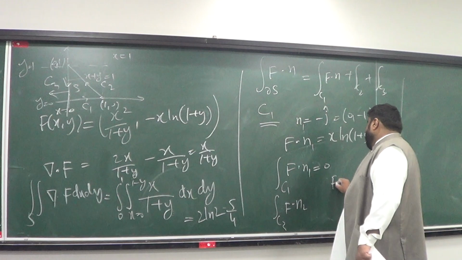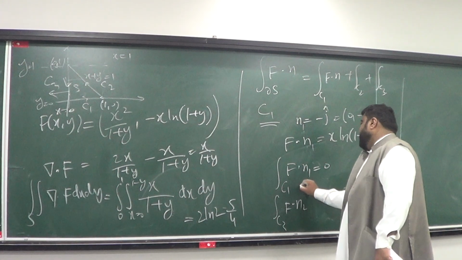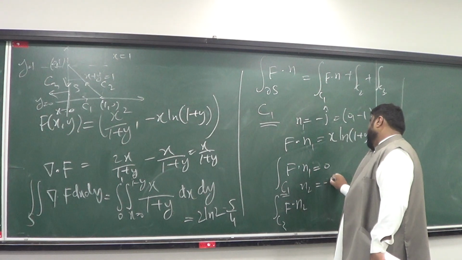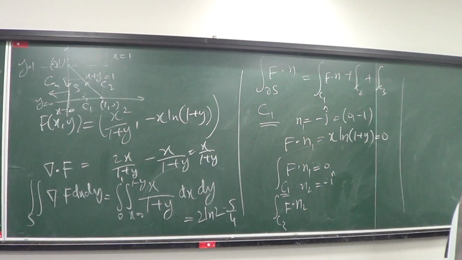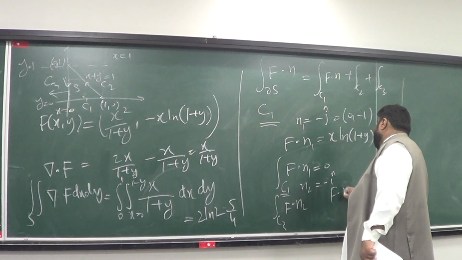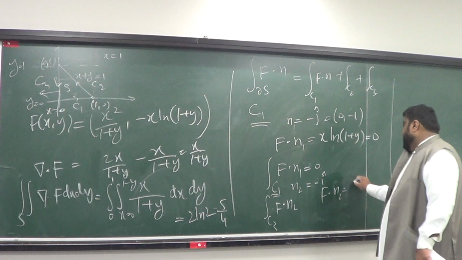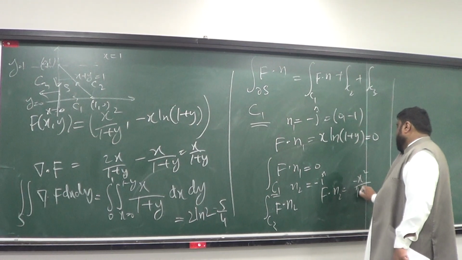The f has minus 1 and 0 components. So n2 in this case is minus 1 minus i. When you take the dot product of this with n2, what you get for f dot n2 is minus x square over 1 plus 1 plus y.